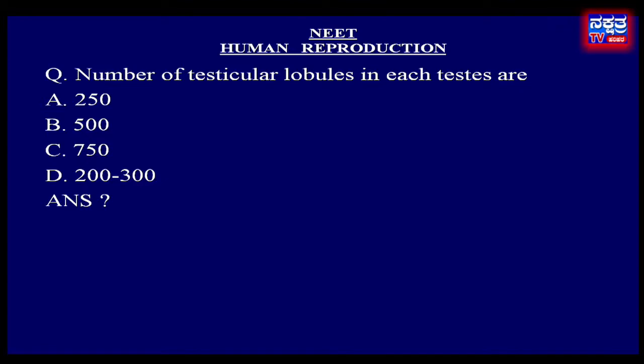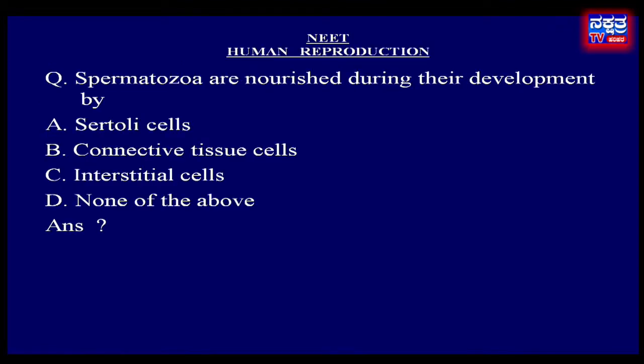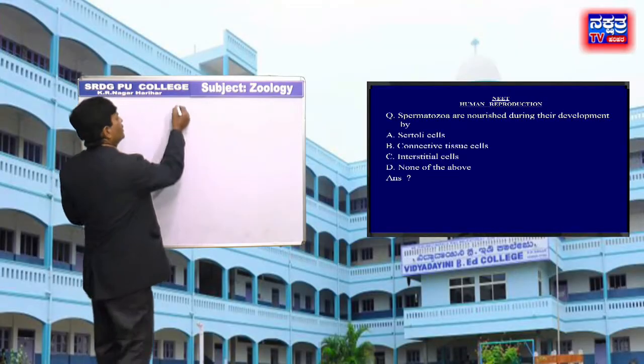Move to next question. Spermatozoa are nourished during their development by option A Sertoli cells, B connective tissue cells, C interstitial cells, D none of the above. Sertoli cells.